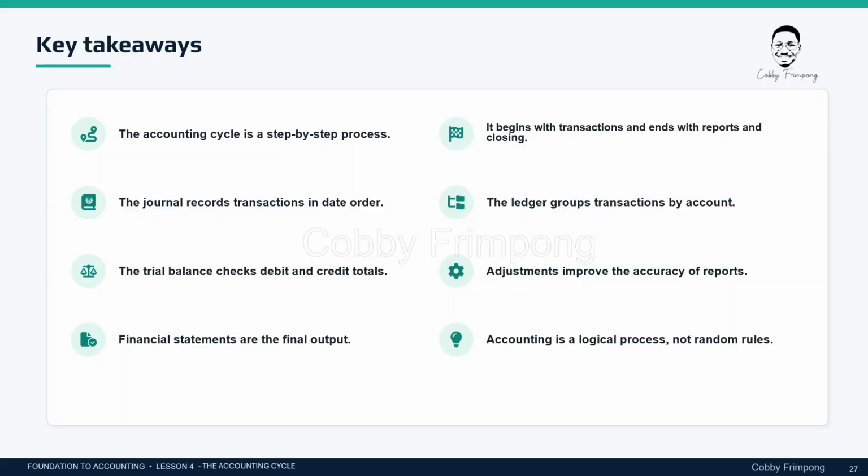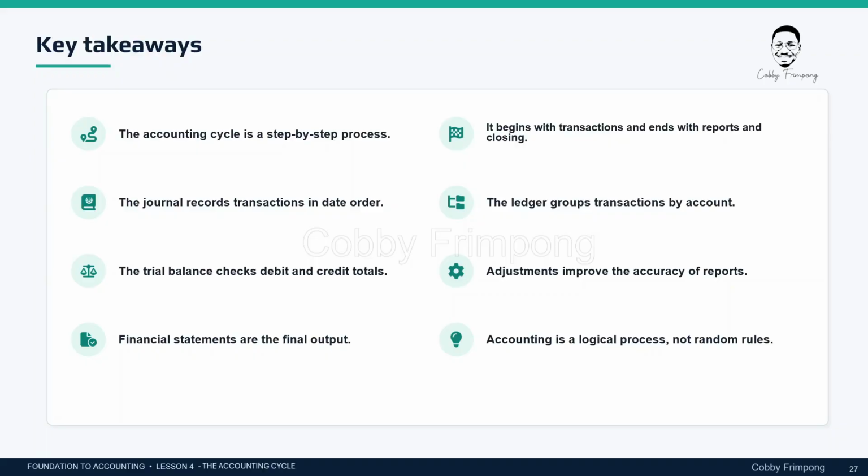Let us recap what we have learned. The accounting cycle is the step-by-step process used to record transactions and prepare financial statements. It begins with identifying transactions and ends with financial reporting and closing the books. The journal records transactions in date order. The ledger groups transactions by account.